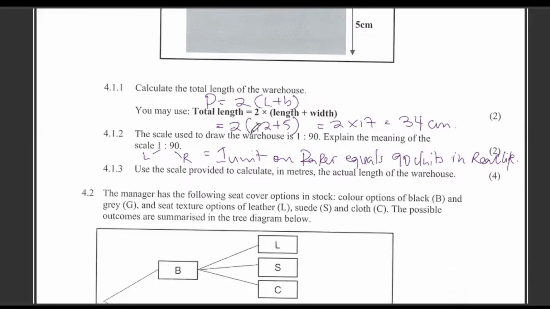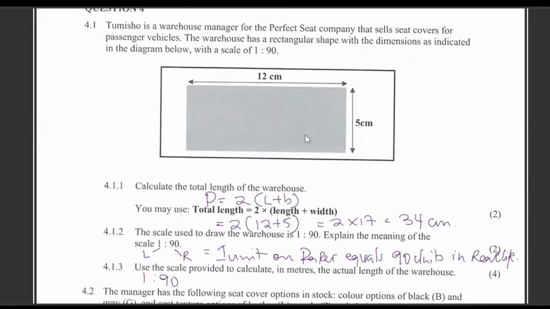4.1.3, use the scale provided to calculate in meters the actual length of the warehouse. So what are you going to do? Since 1:90, we shall use this to find the actual length of the warehouse. When it's on paper, it's 1. In real life, it's 90.